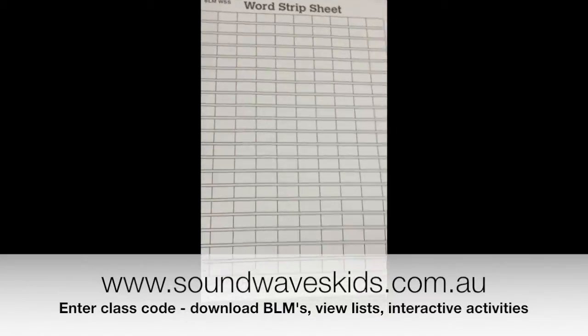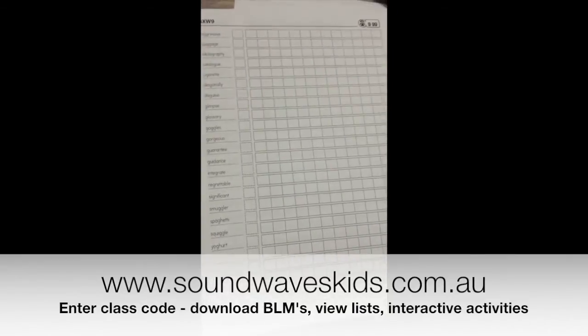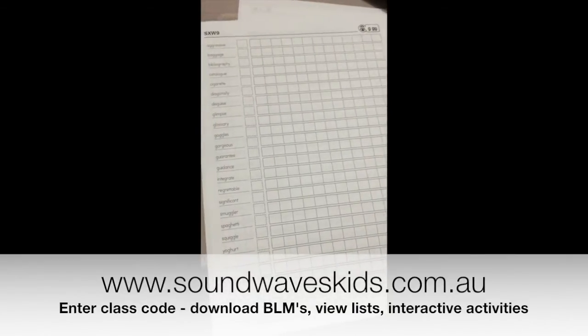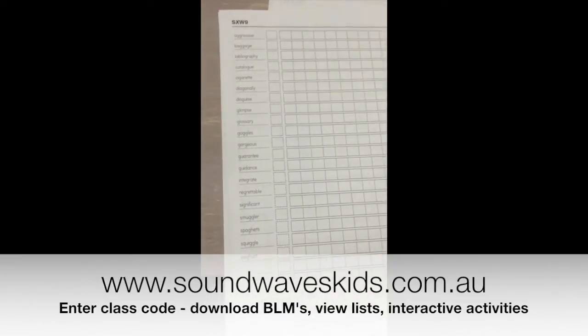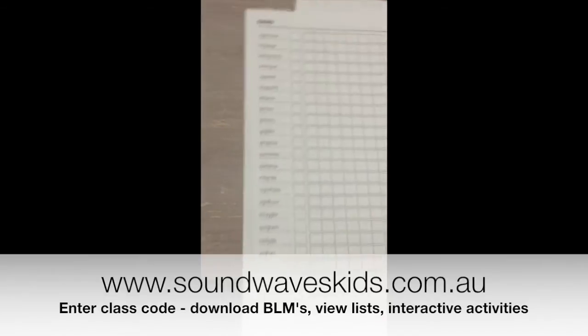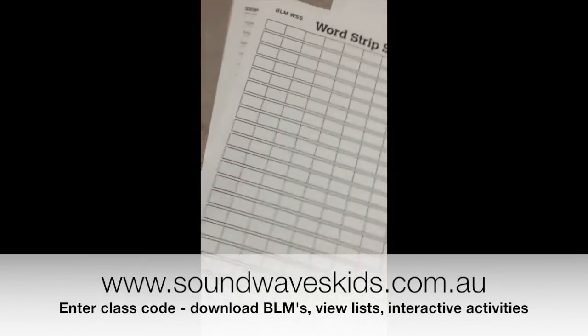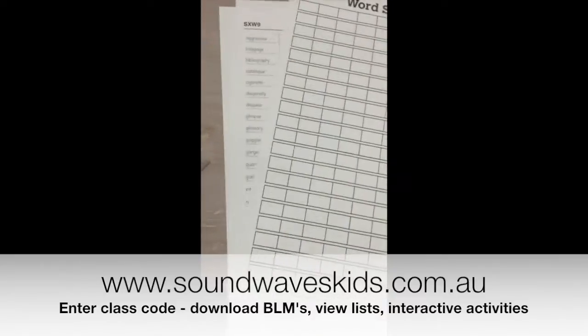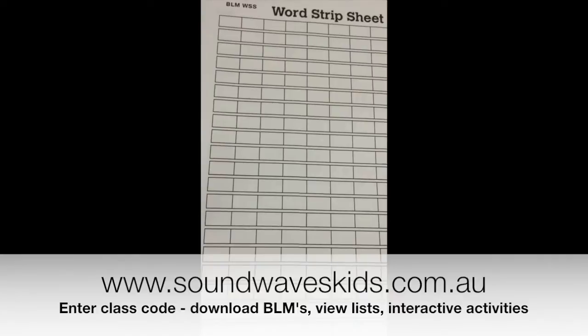Alternatively, each spelling list is already recorded on individual sheets with the word and then the boxes. So one way we could use the word strip sheet is again to look at the word which you have written down elsewhere.